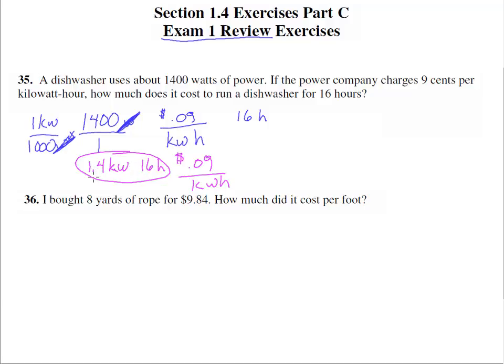So when we take 1.4 times 16, that's 16 times 14, which is 224 with a decimal, 22.4. So these two give us 22.4 kilowatt hours times $0.09 per kilowatt hour.